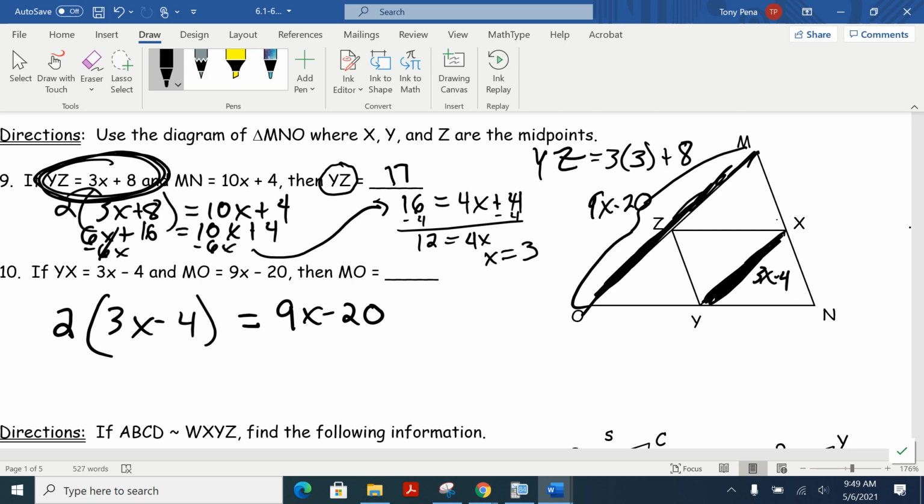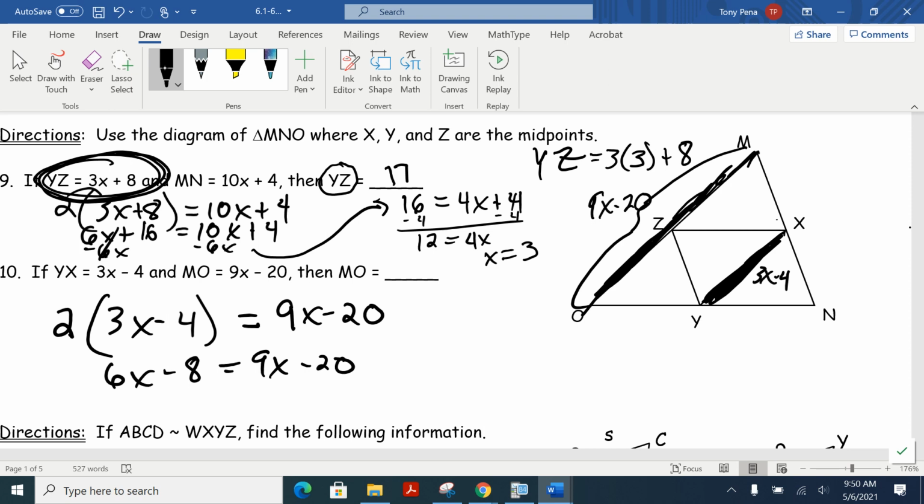All right, we go to that. Okay. A lot of you are solving this. So we get what? X is 4. 3x. No, I'm saying for MO. Oh, if X is, what did I say X was? 4?